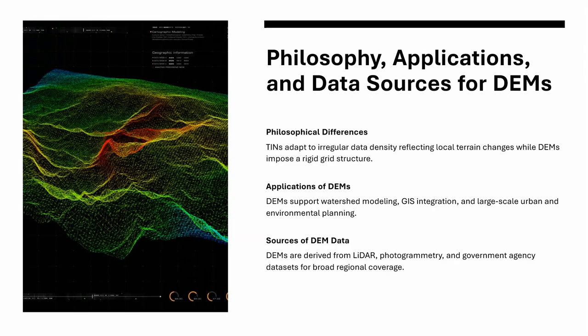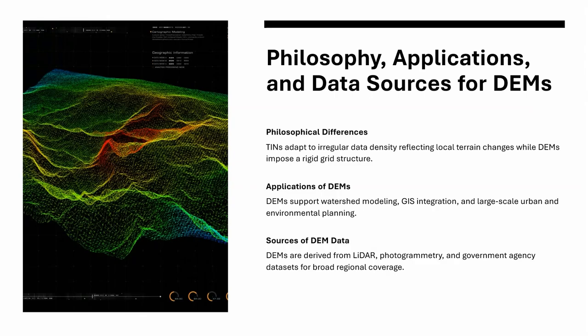And unlike TINs, which are usually built directly from our field survey data, DEMs often come from much larger scale data sets. Things like LiDAR. We can have airborne LiDAR campaigns generate point clouds across entire counties or states that will be converted within their own software into DEMs for use in others.